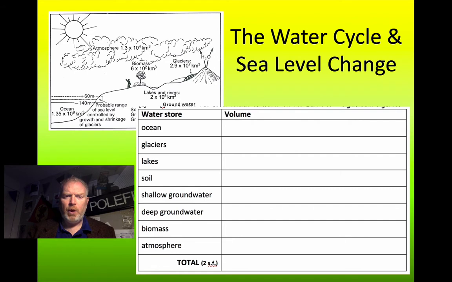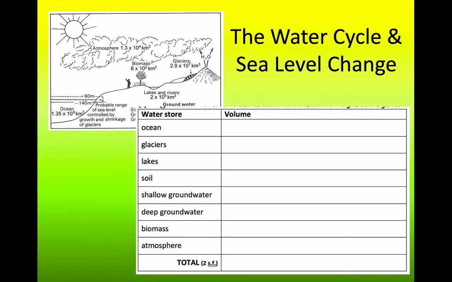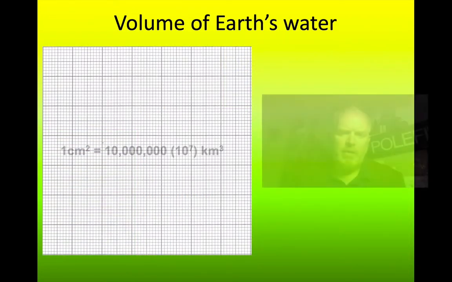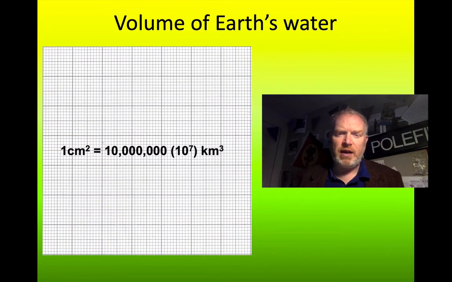Okay, once we've got that total, I want us to try and represent that data by means of drawing some squares to scale. The scale I'd like you to use is 1 square centimetre is the equivalent of 10 million cubic kilometres.